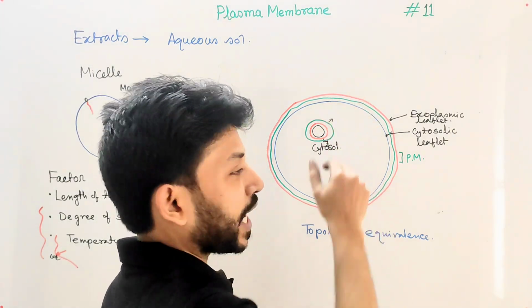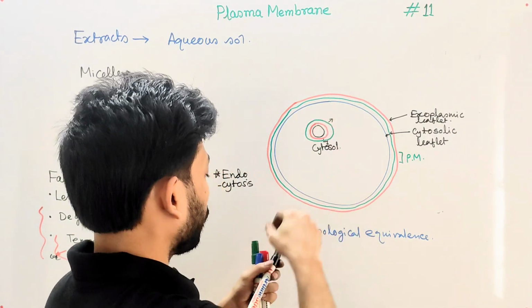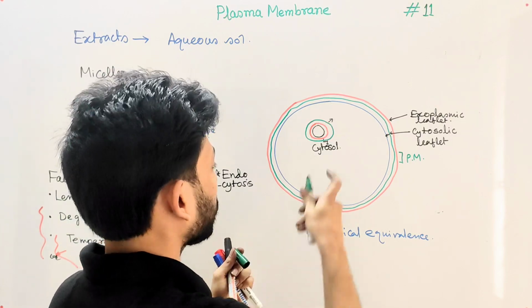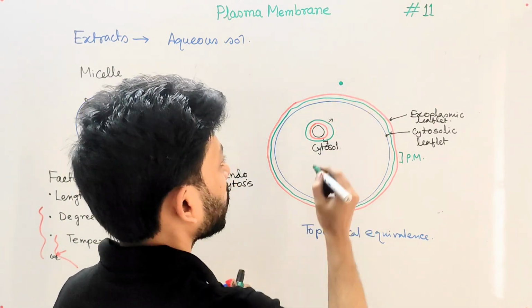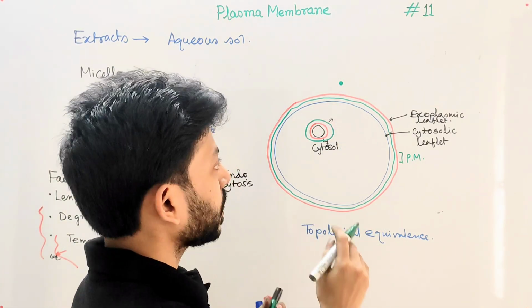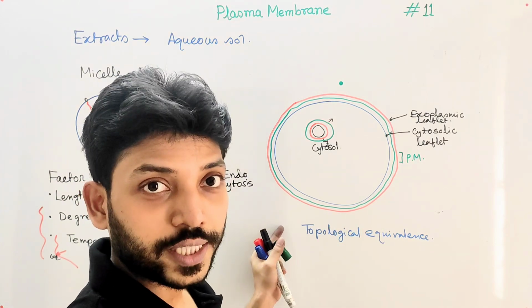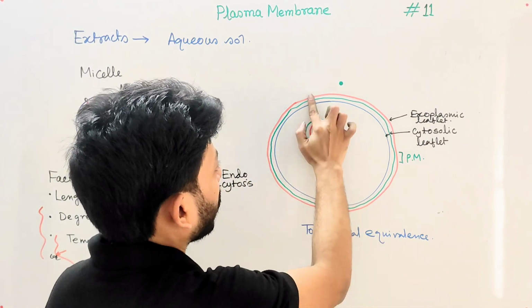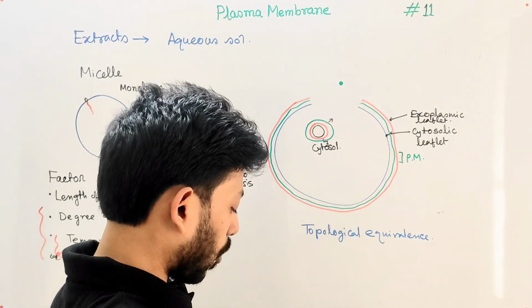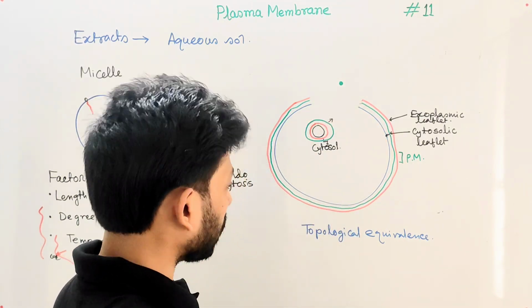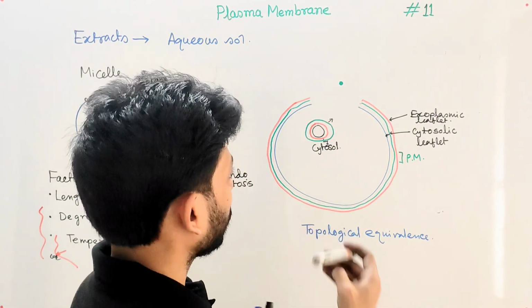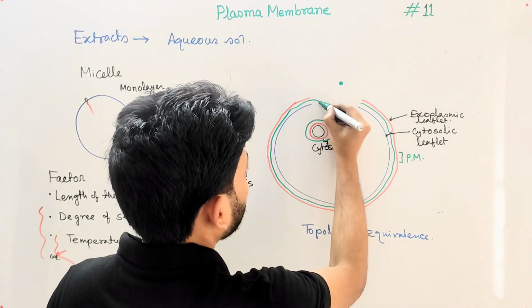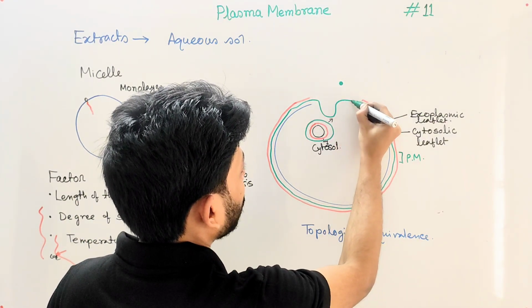Basically, invagination occurs. That means if any molecule is present outside, let's suppose this is a molecule present outside, and it wants to enter inside, then a process called endocytosis occurs, by which cells engulf the molecules. When it engulfs, it forms an invagination. It looks like this.